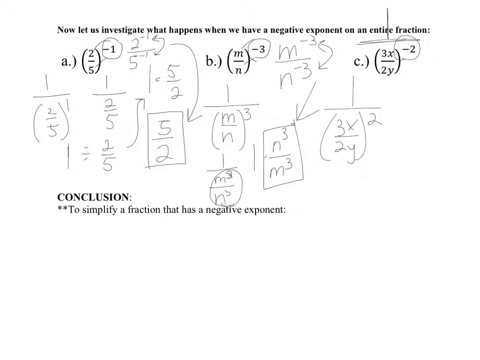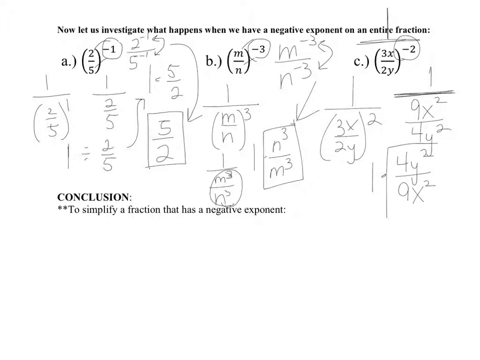So that's going to give me 1 over 9x squared over 4y squared. And then you do leave, change, flip. So when I do that, I'm going to get 1 times 4y squared over 9x squared.